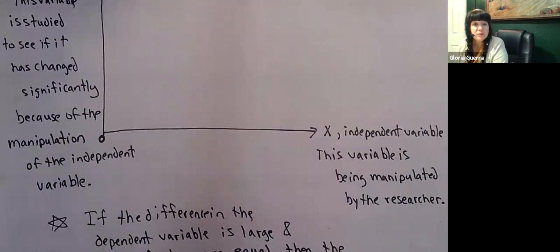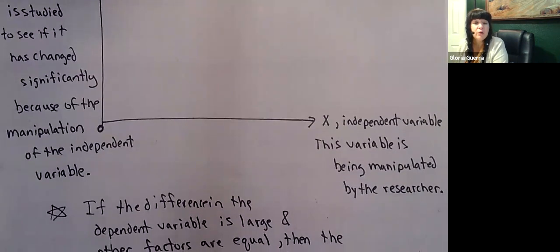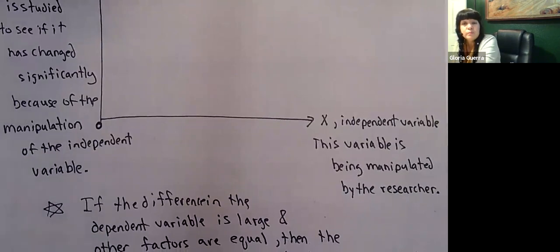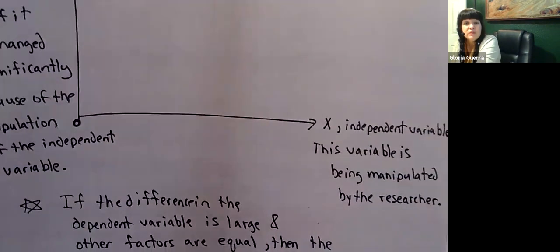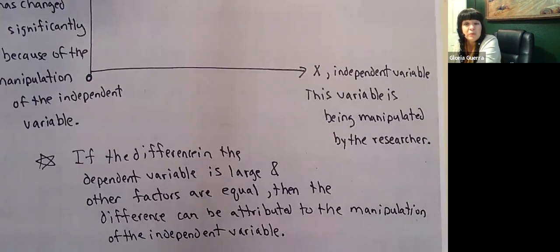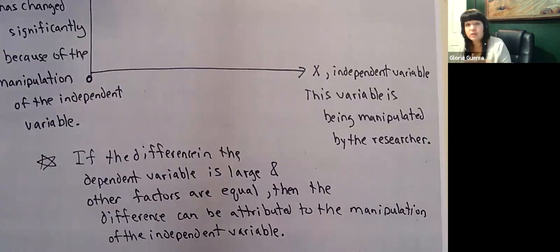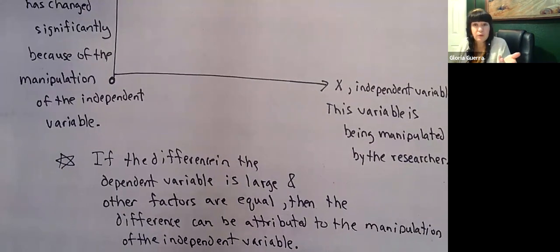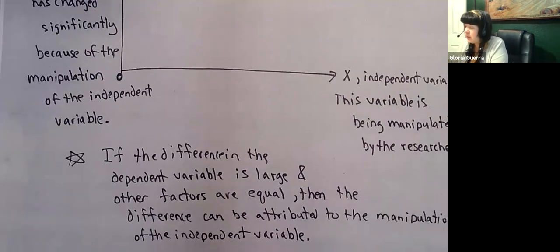If the difference in the dependent variable is large and other factors are equal, then the difference can be attributed to the manipulation of the independent variable. Okay, so this is just an extra handout that I made based on your workbook, and if you look through your PDFs, you can see that.